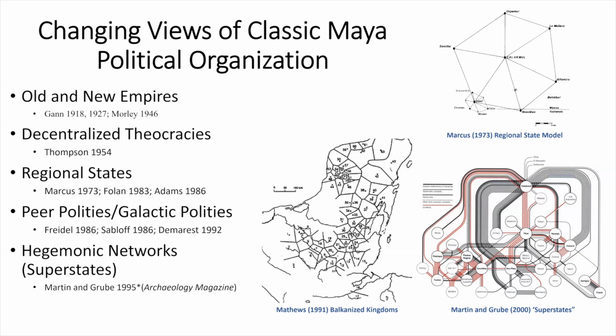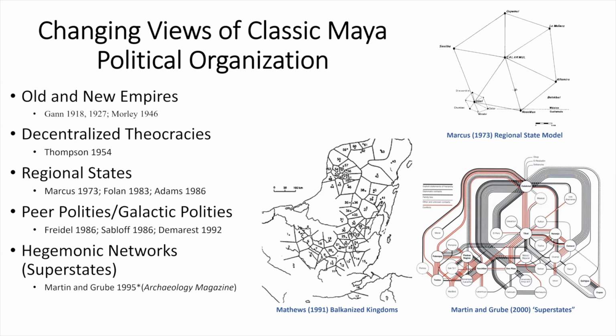In the 80s and 90s, we see a return of decentralized views, such as the peer polity or galactic polity concept. Arthur Demarest's work was perhaps the most oft-cited, but there's also the notion of theater states, or the concepts of charismatic polities.